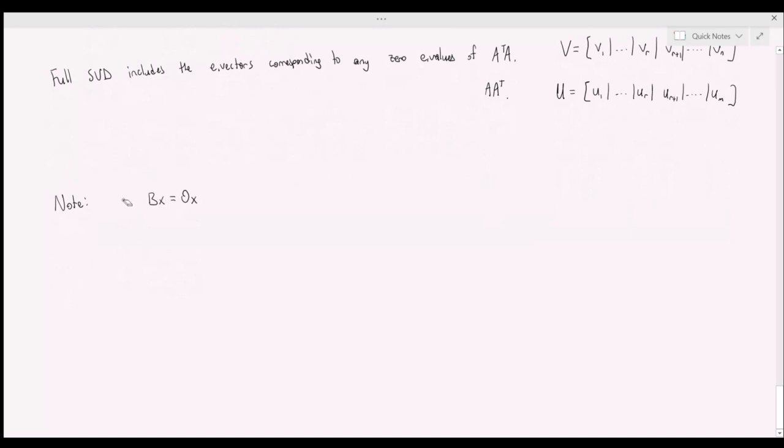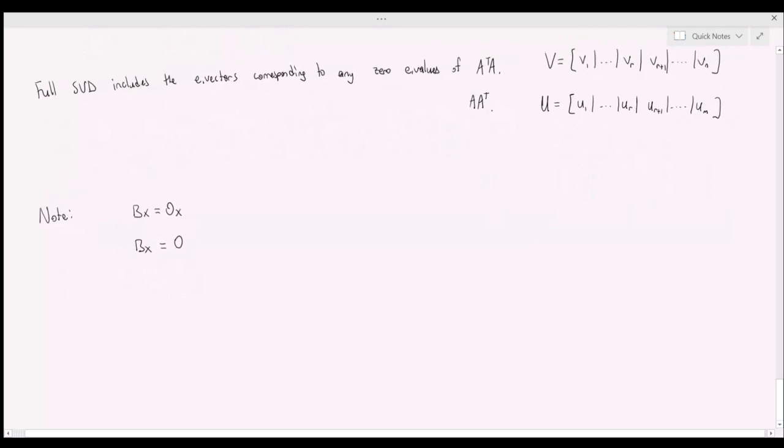Okay. Well, if the eigenvalue is 0, then you'd really just be looking for vectors in the null space of B. Okay.